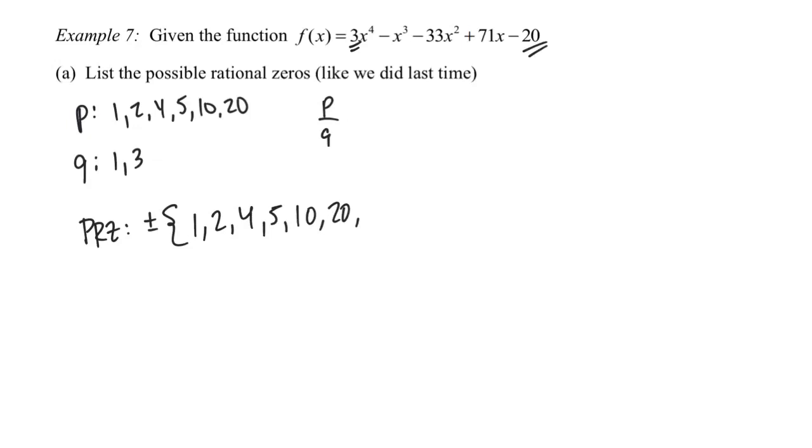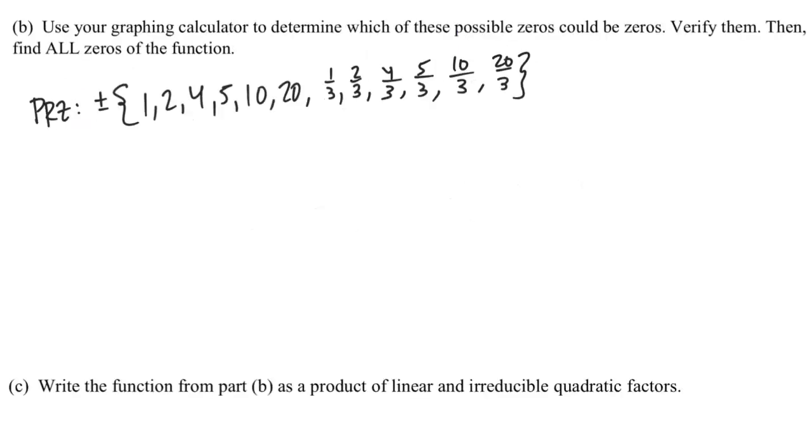And then if I divide all of them by 3, I'm going to get 1/3, 2/3, 4/3, 5/3, 10/3, and 20/3. And so remember, this is a good starting point for me to actually find some zeros in the calculator, and that's what we're going to do next.